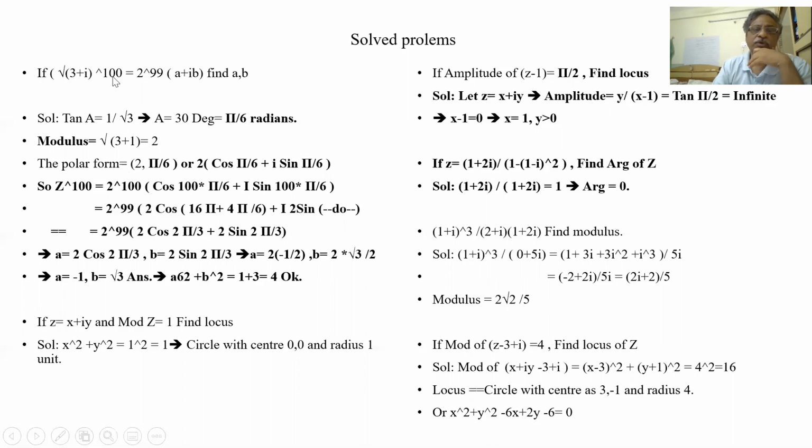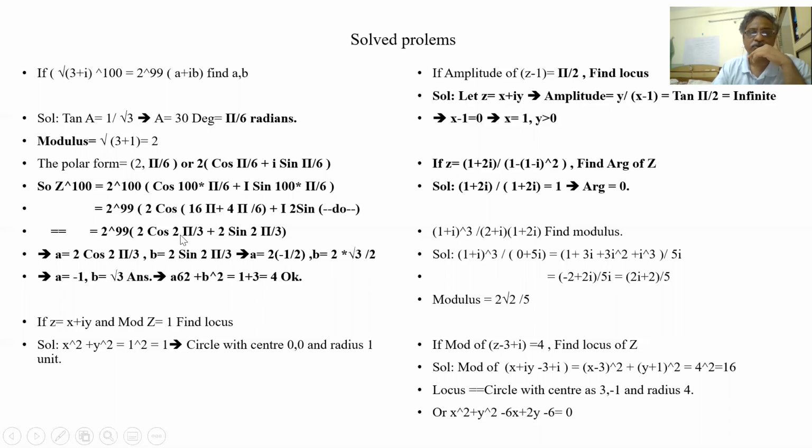So 2 to the power of 100 into cos 100 into pi by 6 plus i sin 100 into pi by 6. You have just seen this, theta 1 plus theta 2, or cos 100 into pi by 6 plus i sin 100 into pi by 6. When I simplify and equate, 2 to the power of 99 gets cancelled, so 2 goes inside.